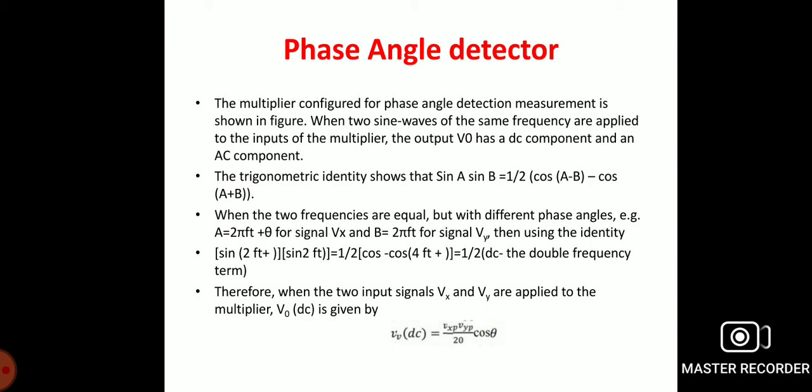The input and output waveforms are shown. In the above equation, the output DC equals cos theta if we make the product of Vx and Vy equal to 20, in other words Vx equal to Vy equal to 4.47 volts.